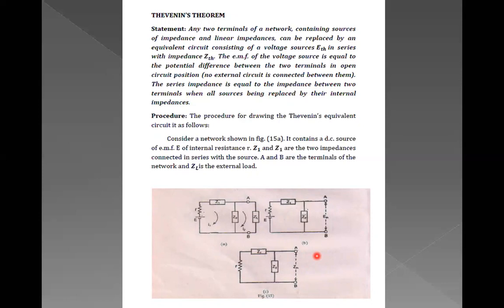Corresponding to points A and B, Z1 and R are in series. So with respect to points A and B, this internal resistance and Z1 are in series, and this resultant impedance is in parallel with this particular Z2 impedance.